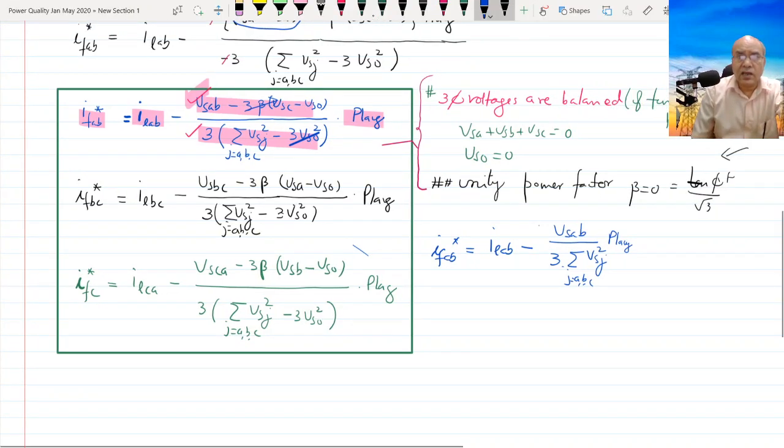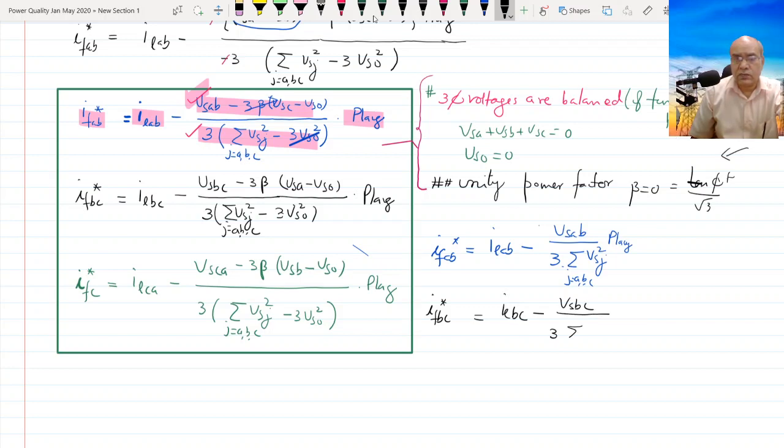And similarly, IFBC star equal to ILBC minus VSBC by 3 into sigma VSJ square, J equal to ABC, PL average.